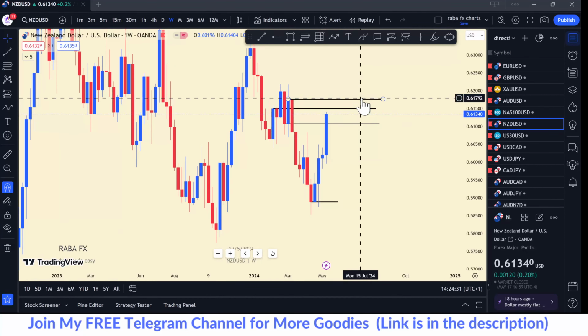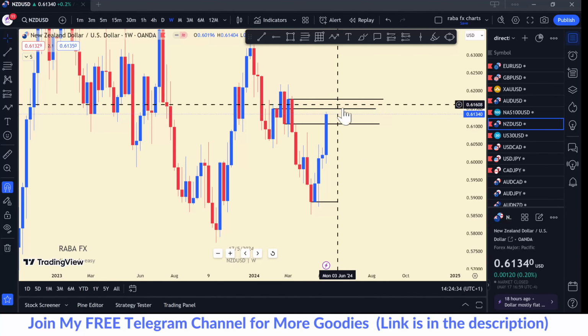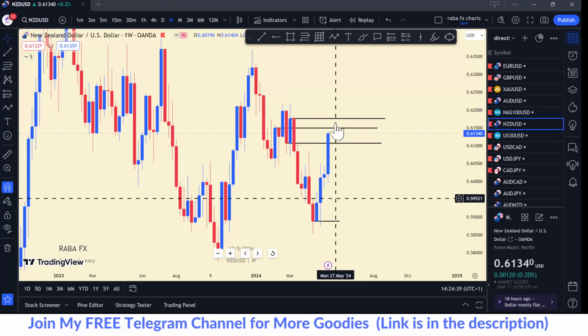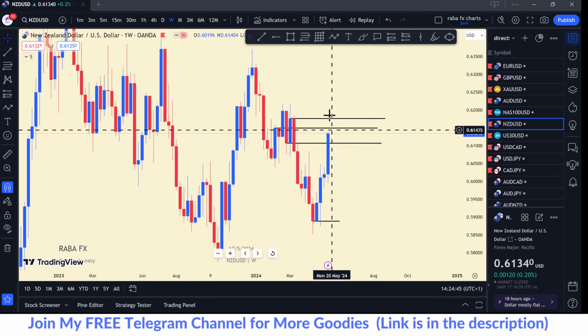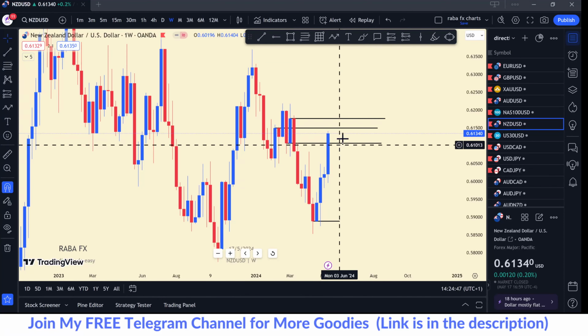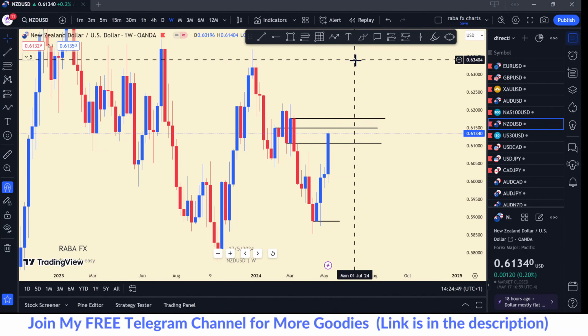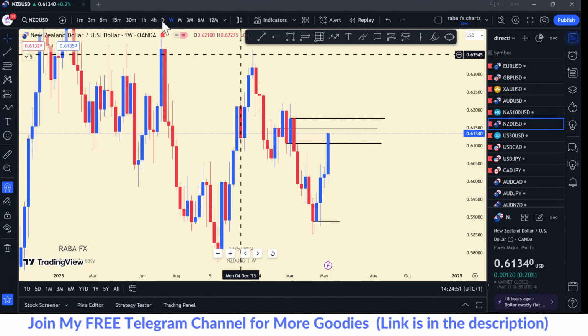And then the second one is within 0.6179 or thereabout. Okay, so within this are the areas where you can sell, but mind you, we are still bullish. This sell is simply a counter trend trade, trying to get the retracement for a reload to continue pushing higher. So that's what I mean.